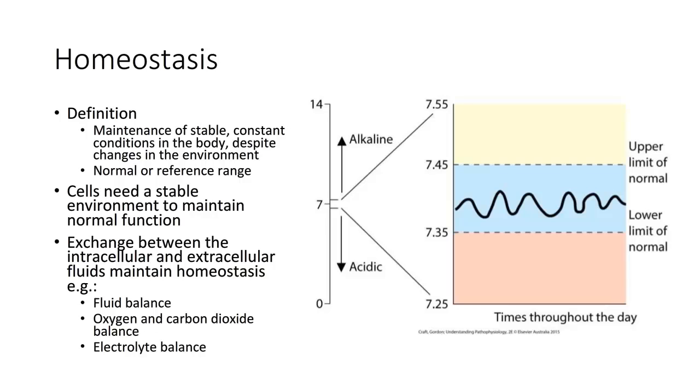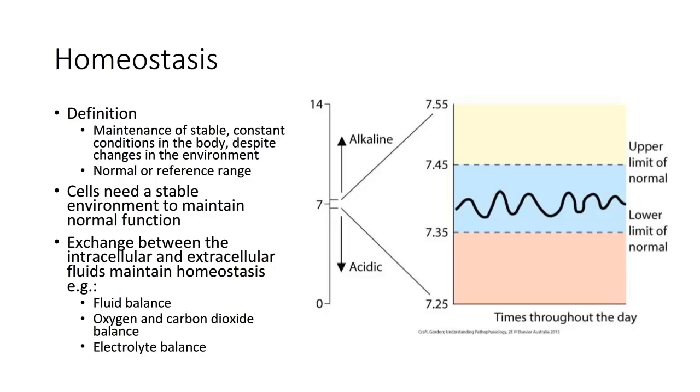Now, the example on the right there has to do with pH levels, and the normal pH range for blood plasma is 7.35 to 7.45, and notice the graph is indicating that it fluctuates a bit during the day, and of course that depends on food intake and several other things as the body keeps resetting it back within that range.